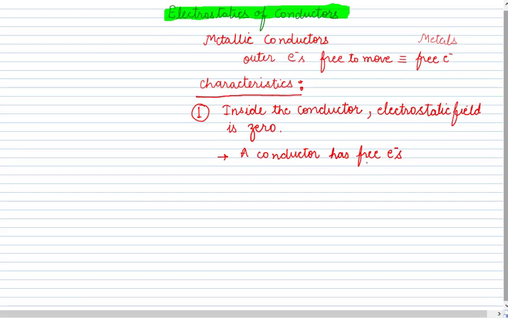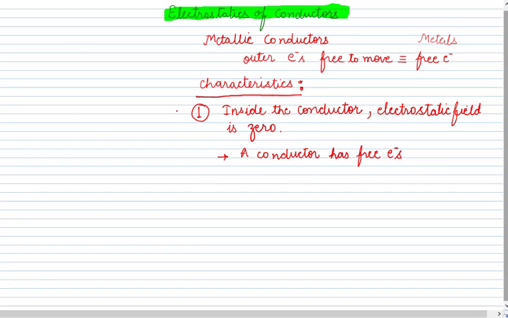In the static condition, the free charge carriers distribute themselves so that the electric field is zero everywhere inside.